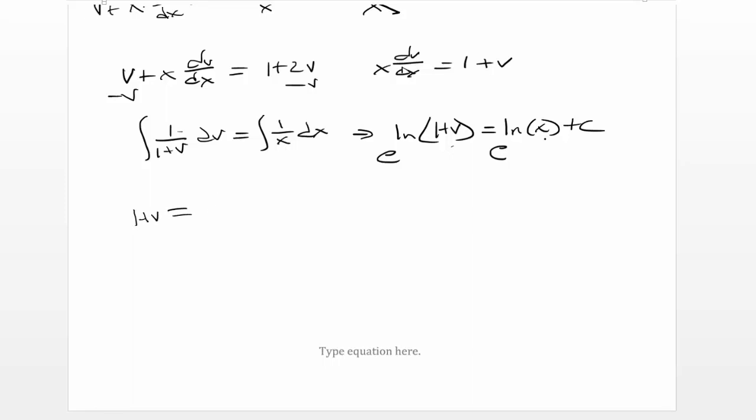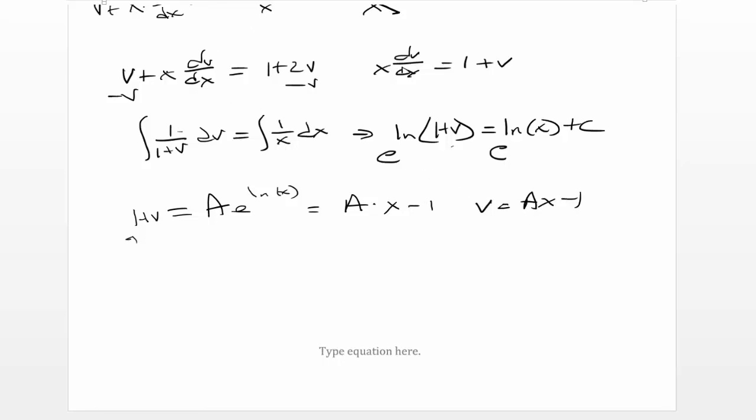This is e to the c times e to the natural log of x, which is a times e to the natural log of x, or better yet, a times x. I'm going to get v by itself. We'll subtract 1. So v is equal to ax minus 1.